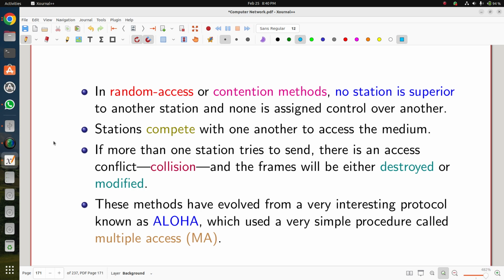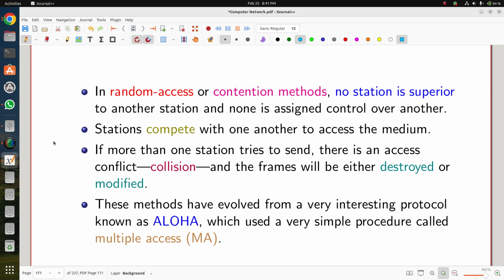You might also see this scenario in your hostel, where you need to compete for getting lunch. Such scenarios where the entities are competing are called contention based systems, or random access systems.